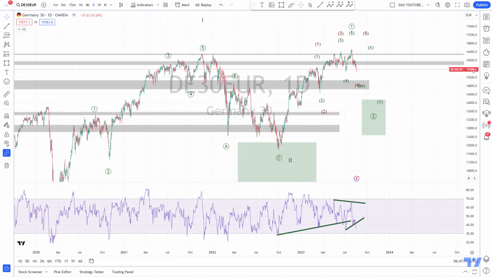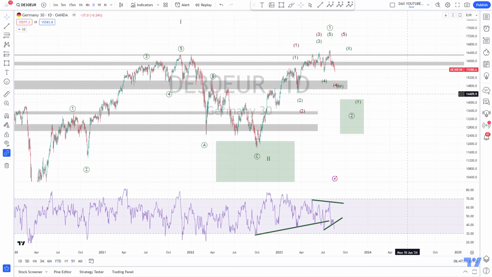I already told you this scenario in an earlier weekend analysis, that it could be that even this wave two is not in yet, that the correction from this impulse is still going on, in the sense that also here we can have a flat.